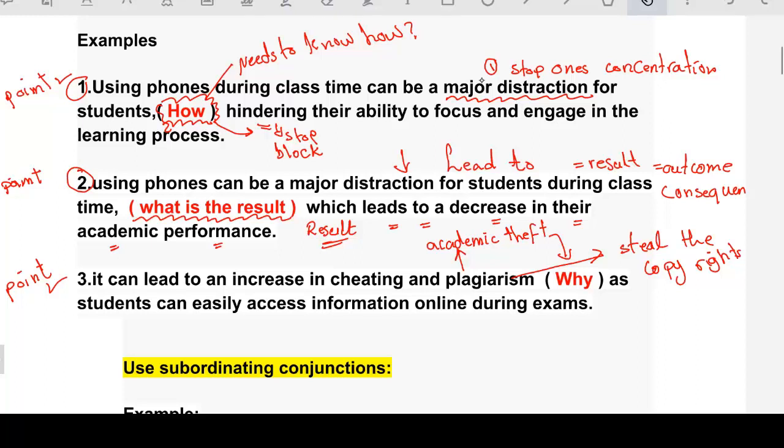Why can this happen? Because this is a reason. Now we are answering the question why. Because students can easily access information online during exams. This is the third point.